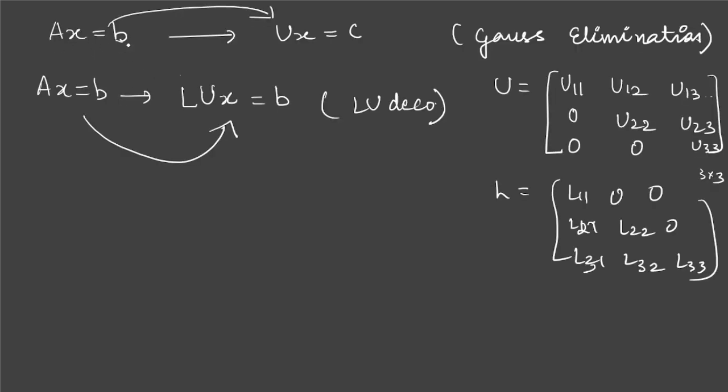So how it happens is that Ax equals B. How does it look if I write it in the form of equations? A11 x1 plus A12 x2 through A1n xn equals B1. For example, let's take n equals 3, just to make it easy to understand. So Ax equals B looks like: a11x1 plus a12x2 plus a13x3 equals b1.